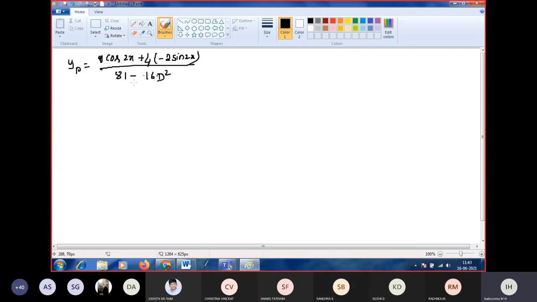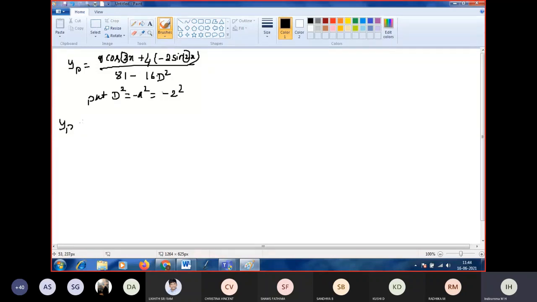Now we have to replace D square by what? Since the numerator contains sine or cos term, a is the same throughout the problem for the particular term. Put D square equal to minus a square. What is a, in sin ax or cos ax? 2.